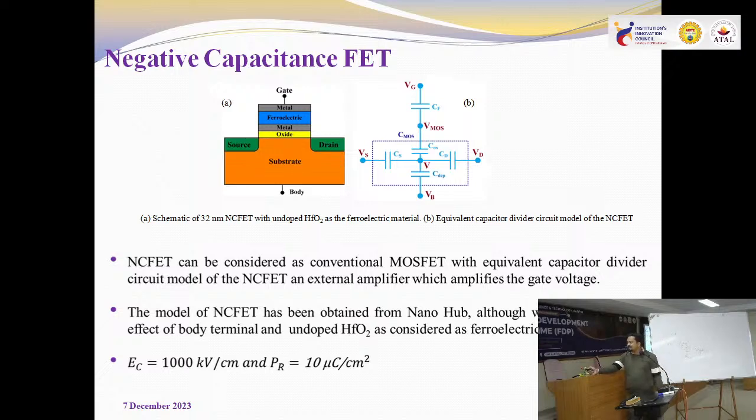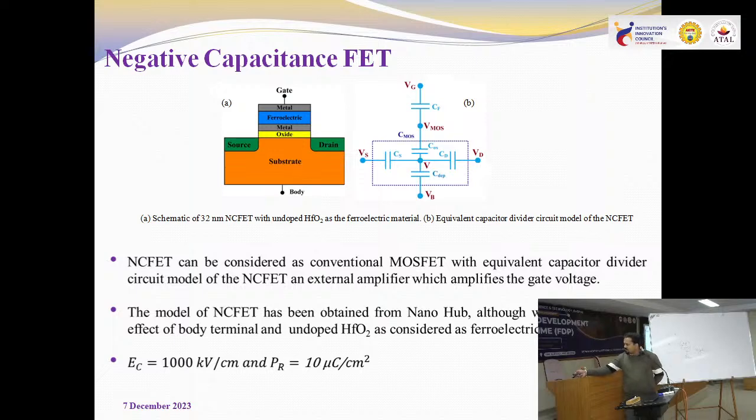And these are the gate voltage, source voltage, drain voltage and body voltage. NCFET can be considered as a conventional MOSFET with an external amplifier, because the purpose of the ferroelectric is to amplify, with an equivalent capacitor divider circuit. This is an external amplifier which amplifies the gate voltage.